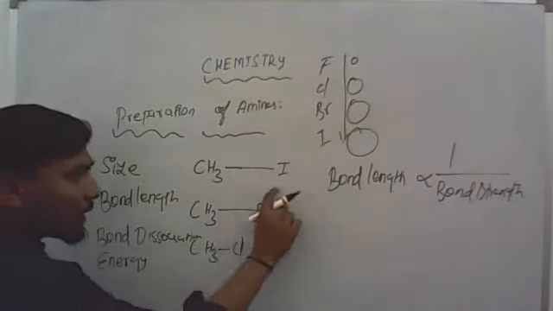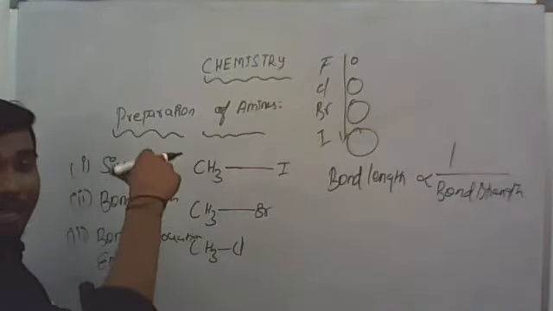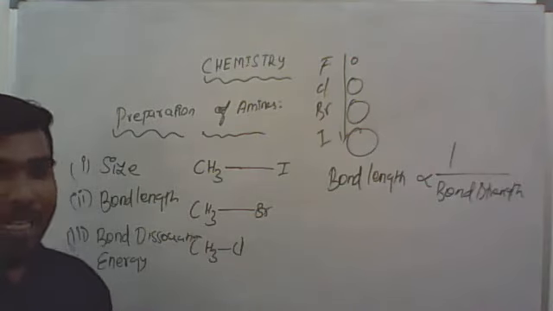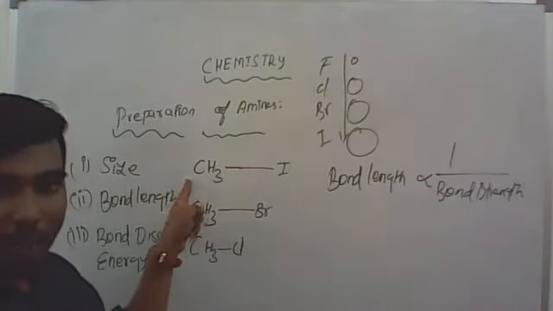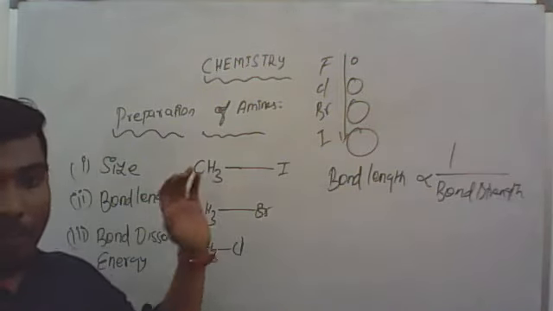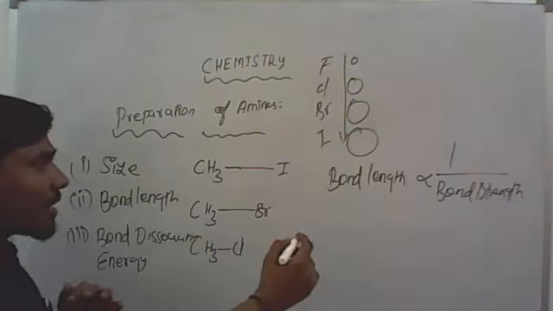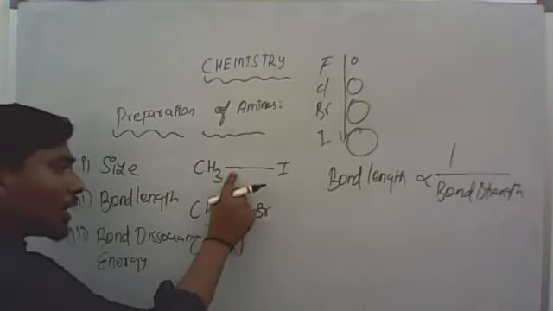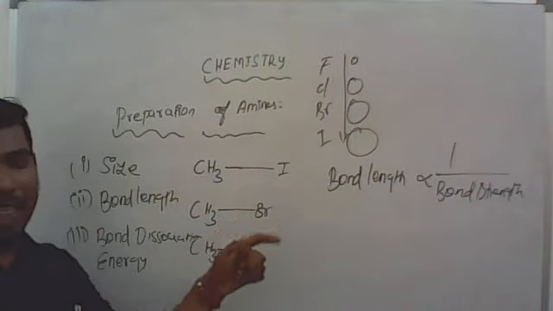So in methyl iodide, the size of the iodine will be very high. If size increases, the distance between the carbon and the halide also increases, so the bond length increases. If bond length increases, the bond strength will decrease.